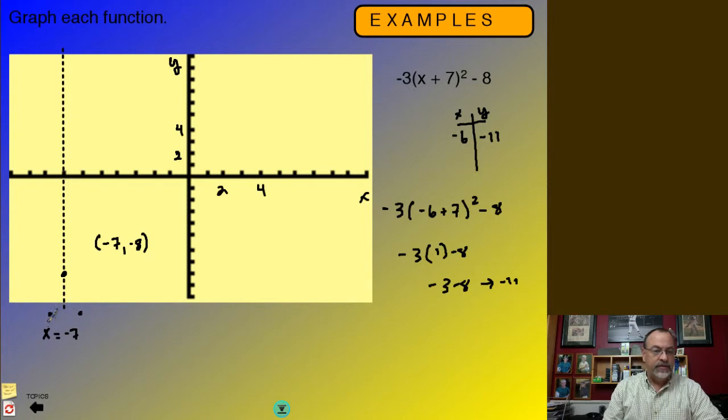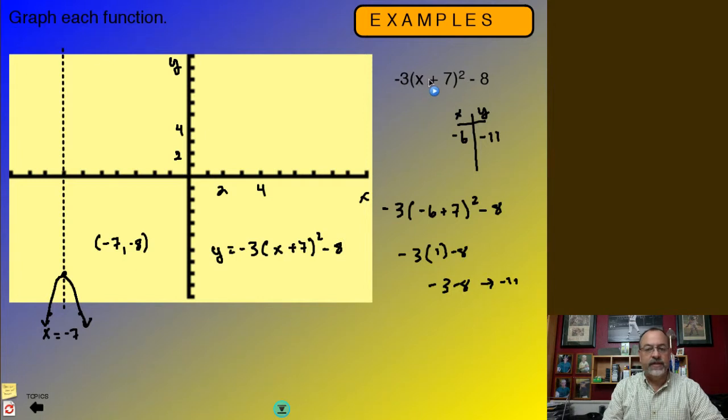It's symmetrical, so I need to put one on each side, and then I can go ahead and sketch that graph way out here. Again, if I was doing this on a homework piece of paper, I would probably want to make my scale a little bit bigger in order to accommodate my graph, but because I'm using the same scale on here to see it, I need to use that.